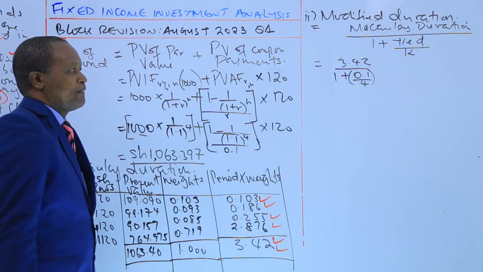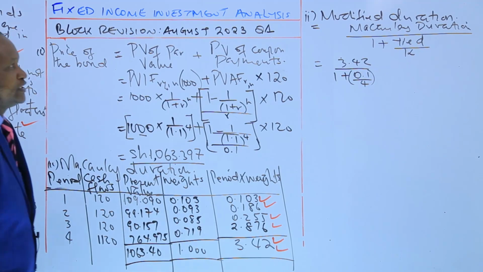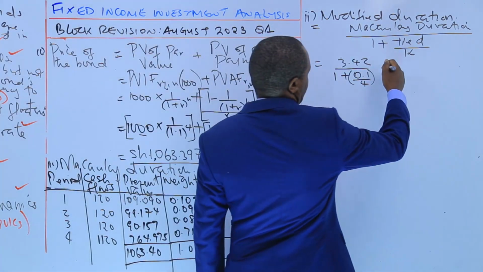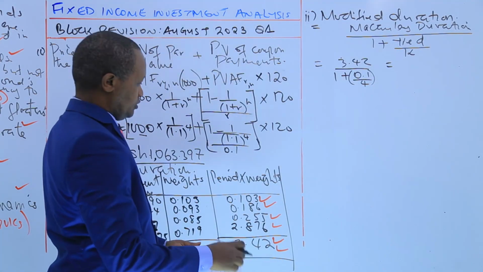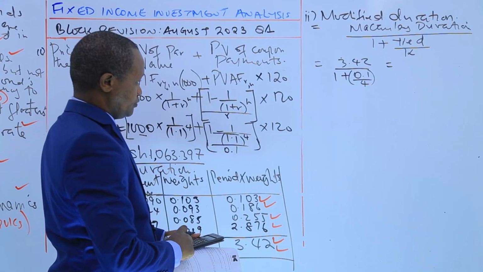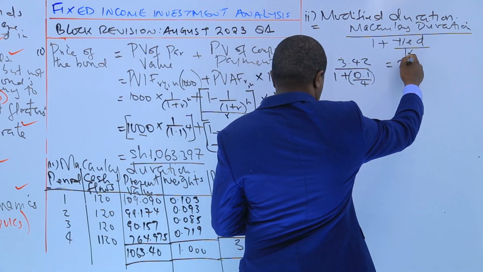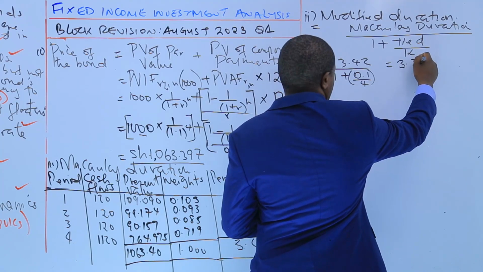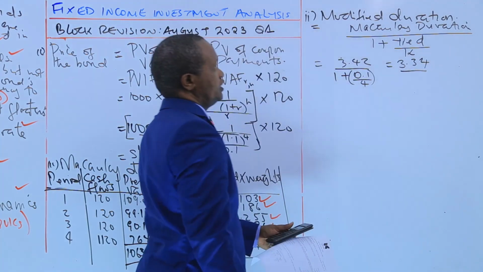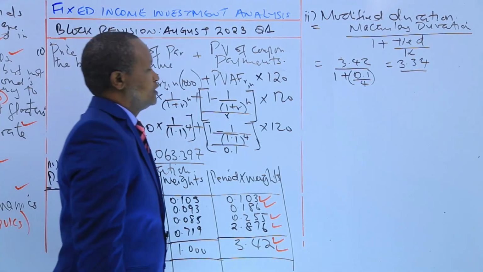K is the number of periods. So this is going to give us the modified duration, which is equal to 3.34. The modified duration there is 3.34.